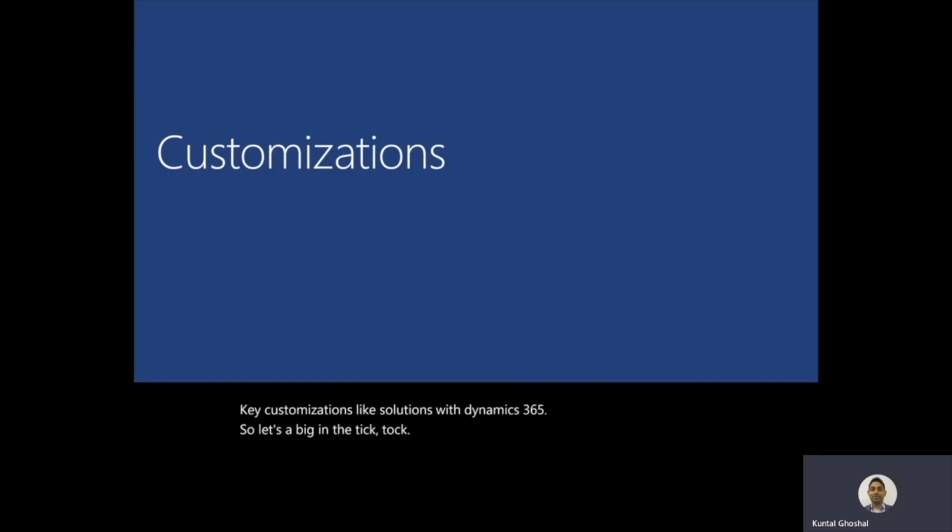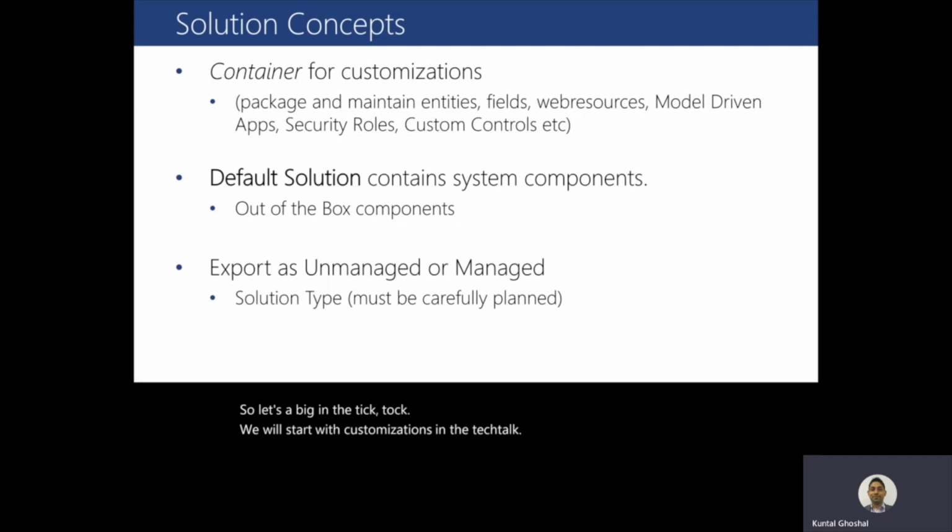We will start with customizations. When we talk about Dynamics 365 customization, the first thing that we want to talk about is solution. The key concept of a solution is that it's a container for customization.